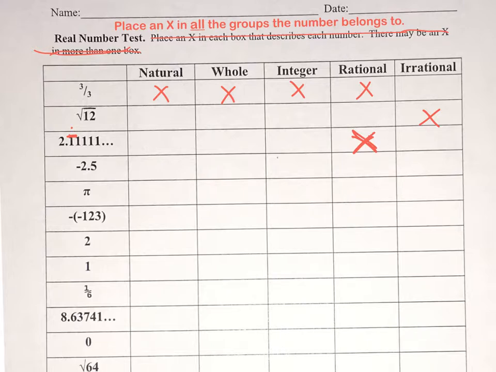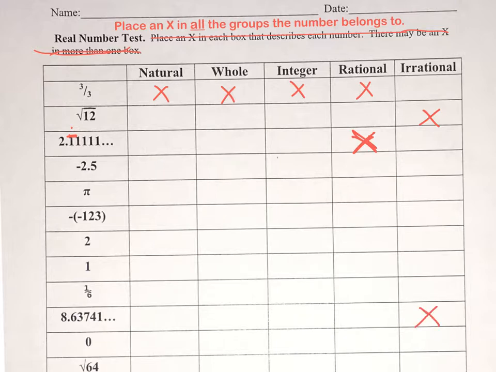And compared to this decimal over here that continues forever, and it doesn't look like there's a pattern, it doesn't repeat. So right here we would say what? What is this? Irrational, right? So over here you put the irrational one.